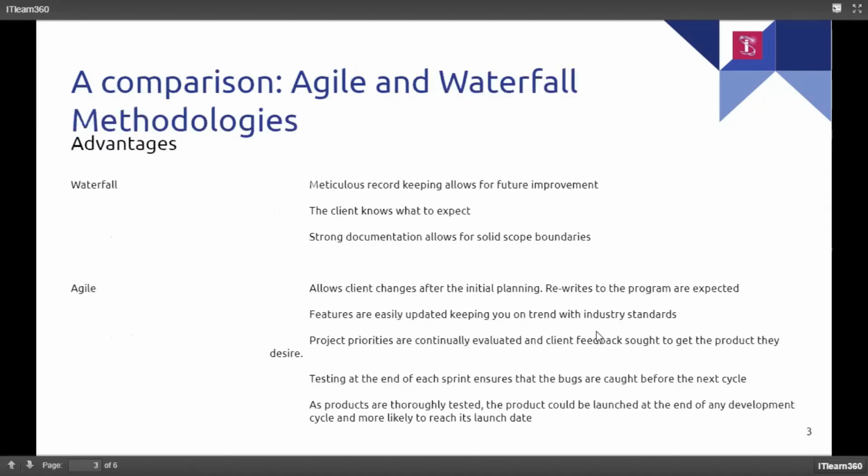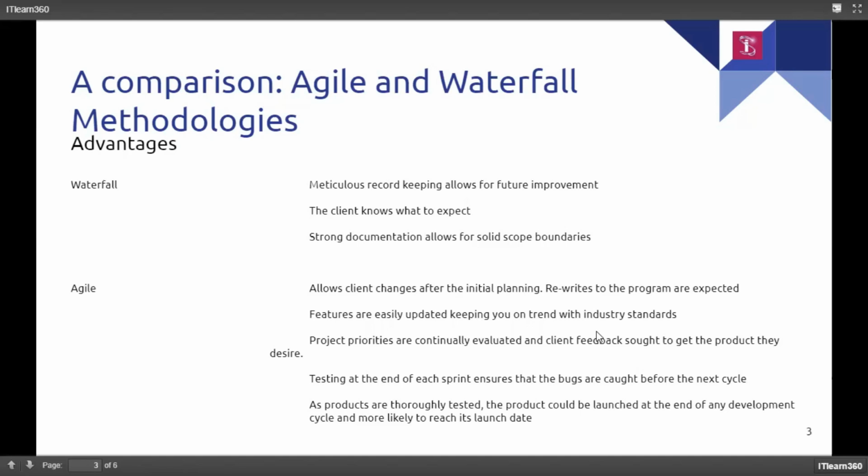If you try to see the advantages of the Waterfall model, whenever the requirements are 100% clear to the clients, it is one of the best methodologies you can follow, and it has strong documentation and allows solid scope boundaries.